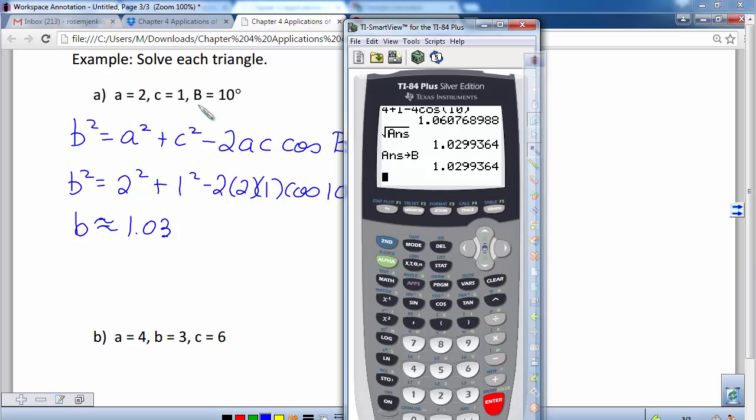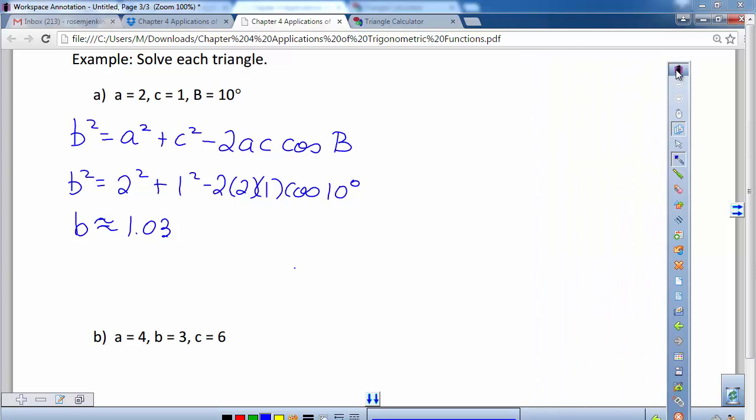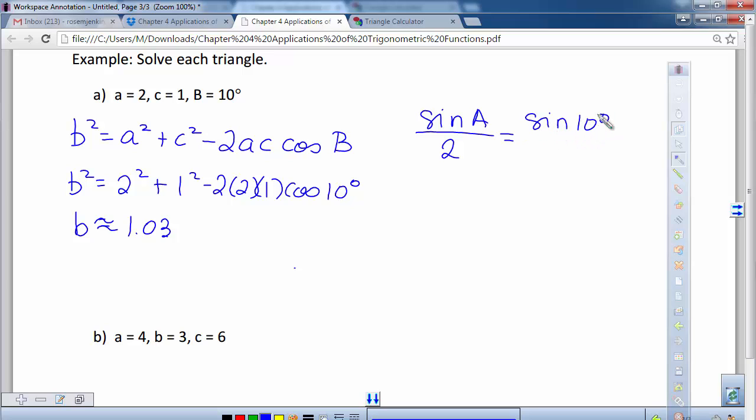So I can say sine A over the side A, the length of side A, which is 2, is equal to sine B, or sine 10 degrees, over 1.03, and I'll just put ... to remind myself that I've got all of that in the calculator.